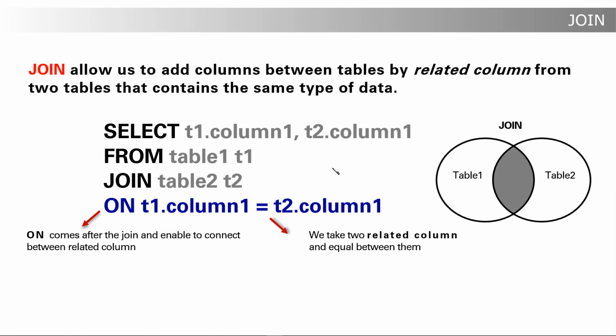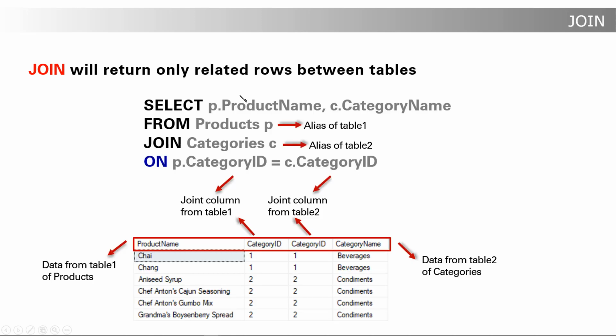Let's see an example. Here we have SELECT product name FROM products P. We call the products table by a new name, an alias, P. After we write P, which is the new name of products, if we want a column from the products table, we need to write the new name P, dot, the column name.